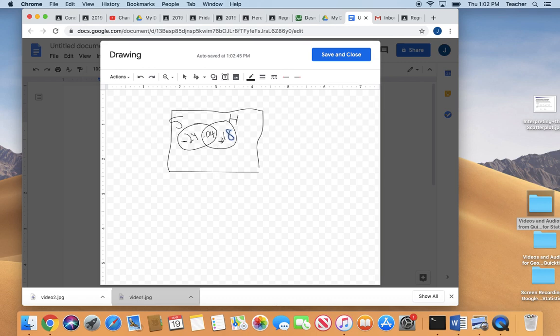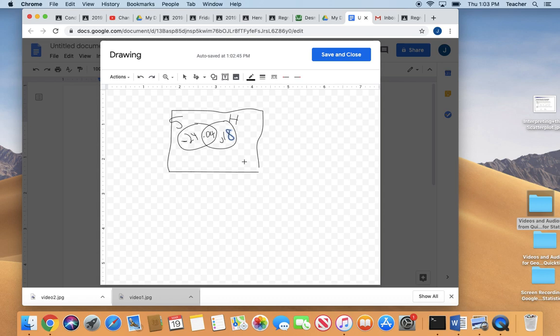Remember, all of your probabilities inside your Venn diagram have to add to 1. So you have to figure out what would be outside here. If you take 0.24 plus 0.04 plus 0.18, you get 0.46.